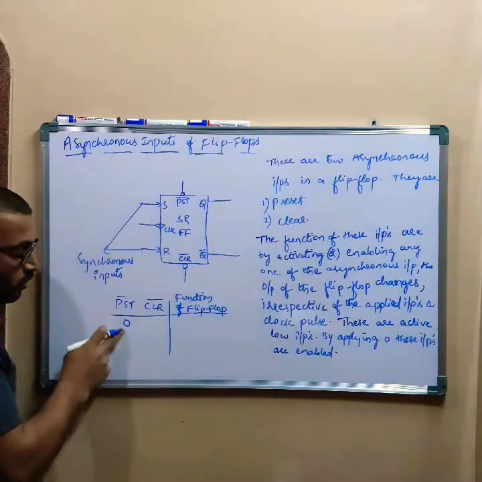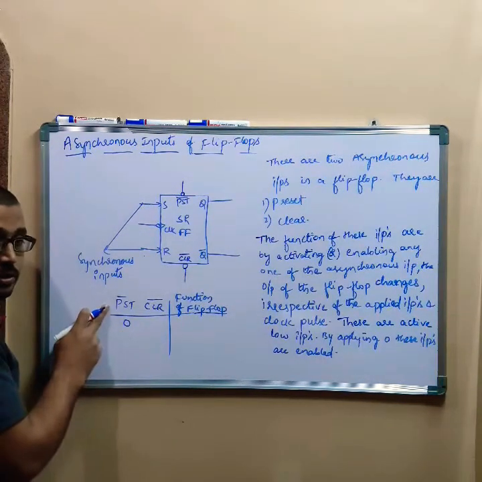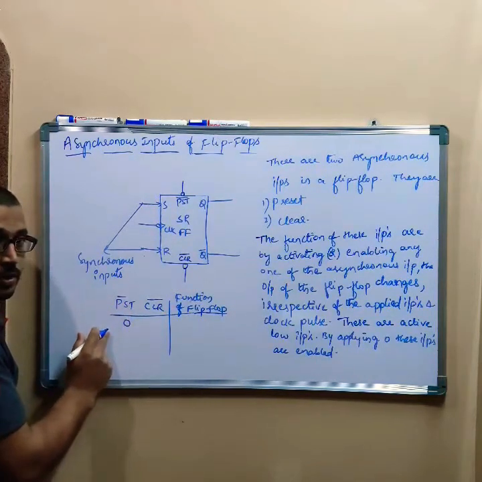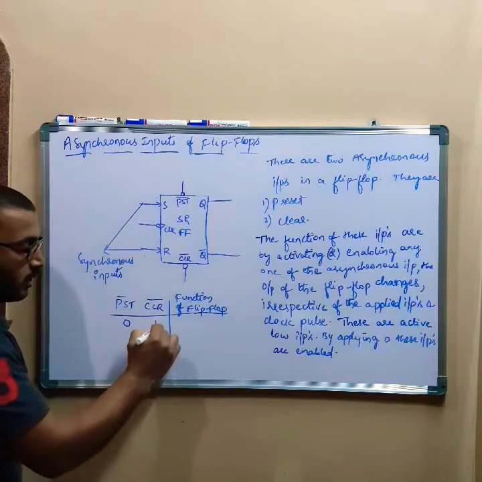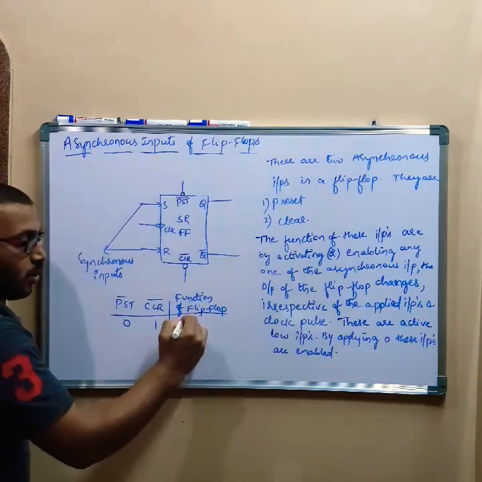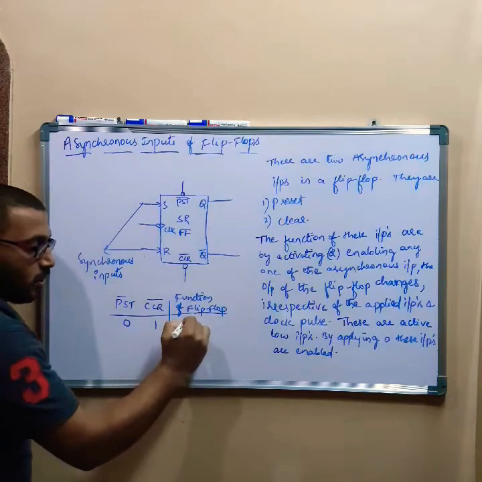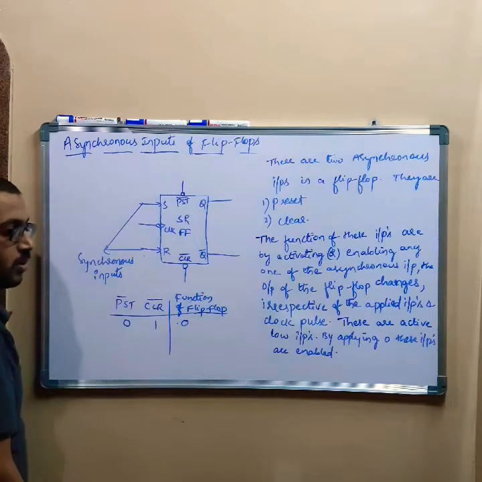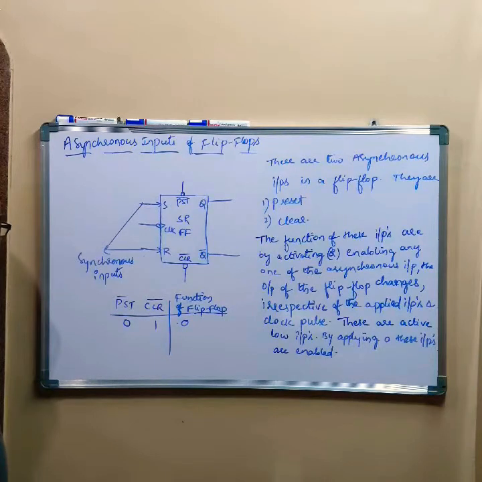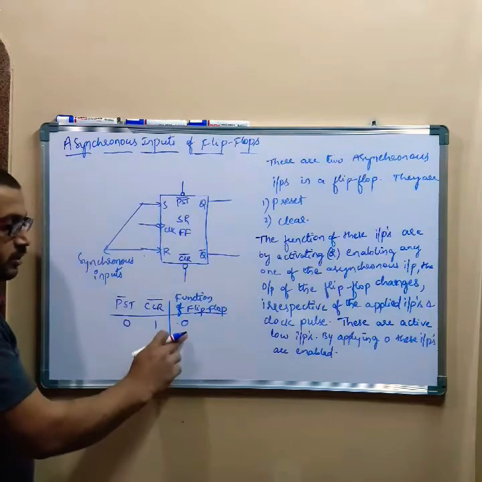These are active low, so by giving 0, the input is enabled. If the clear input is activated, the output of the flip-flop is continuously 0.